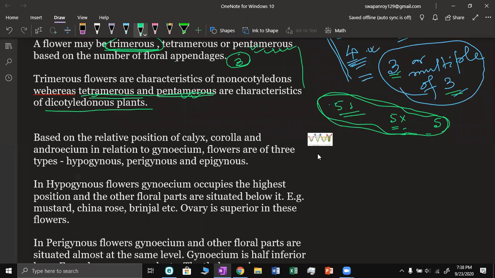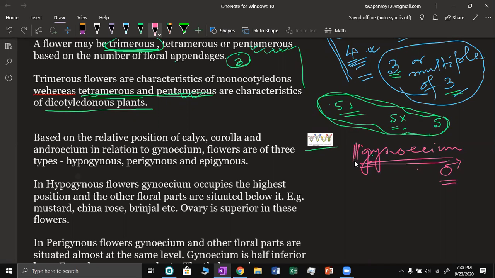Then one thing is that in a flower, the gynoecium, that female reproductive structure, occupies the central portion of the flower. Other floral parts, androecium, the sepals, that is calyx, and corolla, are around the gynoecium.